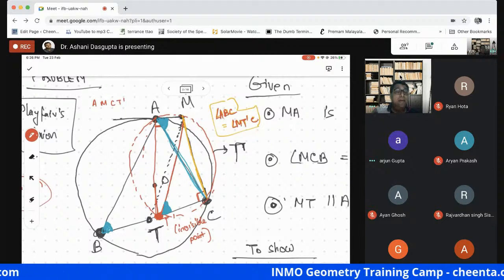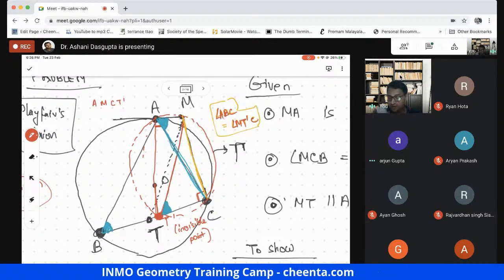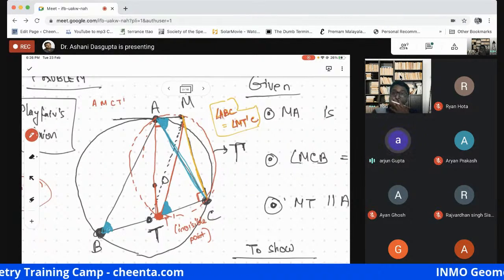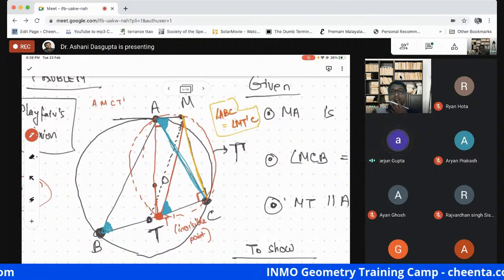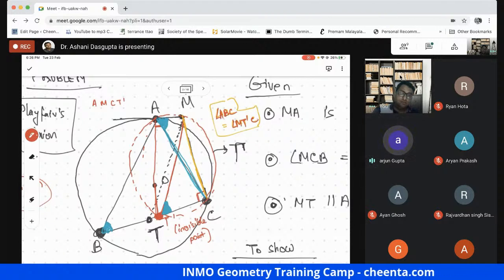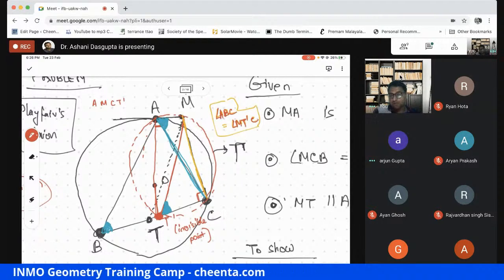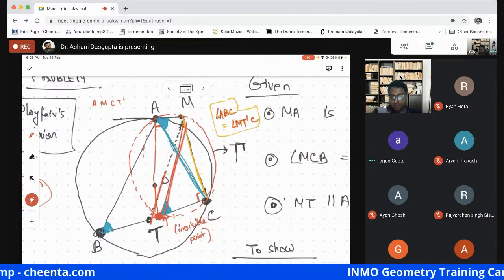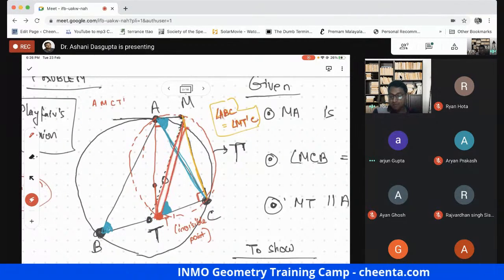Sorry, can you say that one more time? The line passing through M parallel to AB can cut line BC in at most one point. So T and T dash cannot be two distinct points. They must be the same thing. Yeah, of course. If they are both parallel to AB, how can that be unless they are the same straight line?